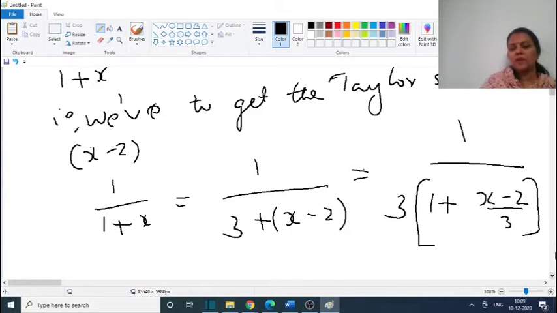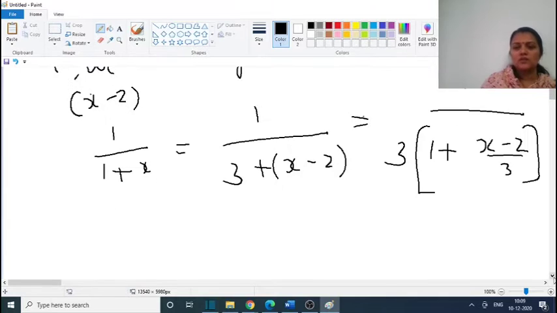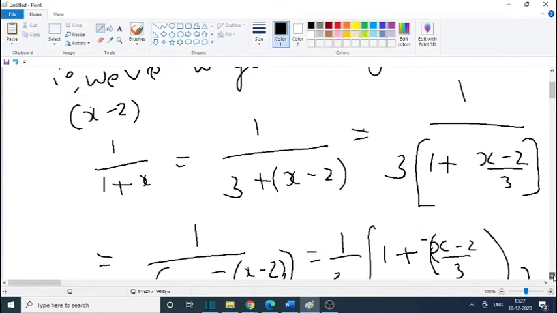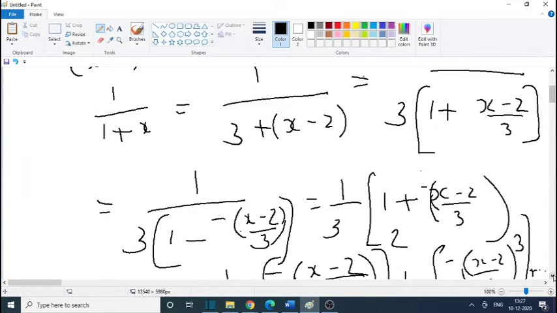We have the 1 by 1 minus x expression. So we could write this as 1 by 3 into 1 minus of (x minus 2) by 3. This plus can be rewritten as minus of minus. Then if we take out 1 by 3, this is in the form 1 by 1 minus x, where x in the place is equal to minus of (x minus 2) by 3.